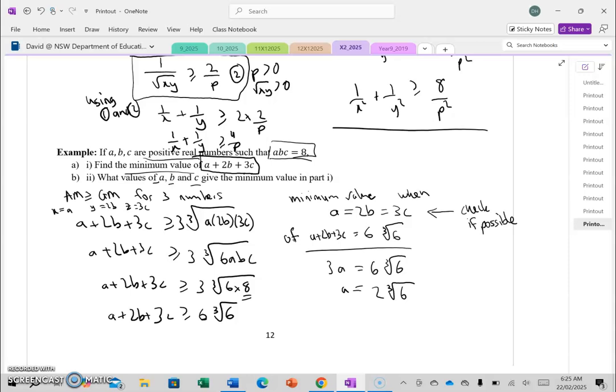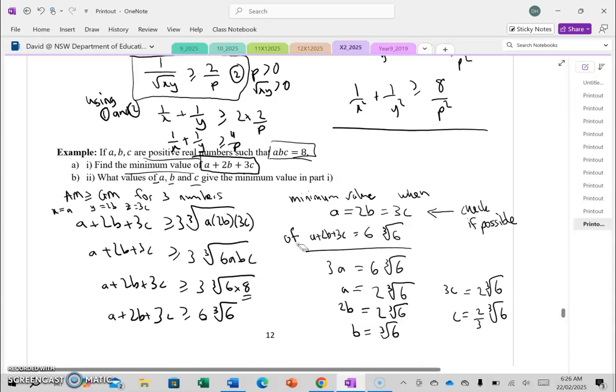That obviously equals 2b, so therefore b is going to be cube root of 6, and a also equals 3c, so that's going to be c is 2/3 cube root of 6. So therefore we got our values of a, b, and c. I won't rewrite them, I'll just box them. But you should probably rewrite it. Okay, pushing on.